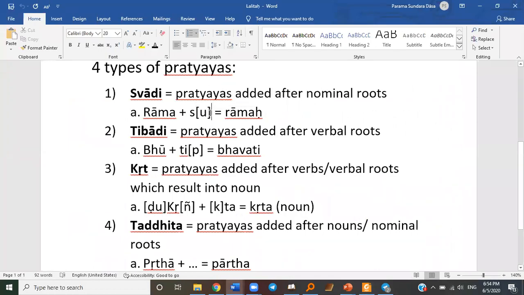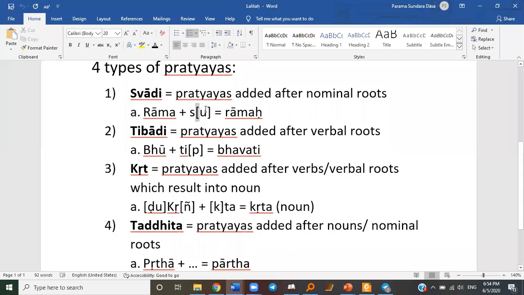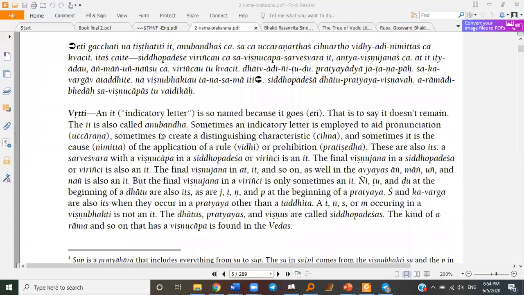Jiva Goswami is giving reasons. Sometimes an indicatory letter is employed to aid pronunciation, ucharana. For example, if there is no U, it will be difficult to pronounce simple Sa. So sometimes such indicatory letters are added to facilitate pronunciation.